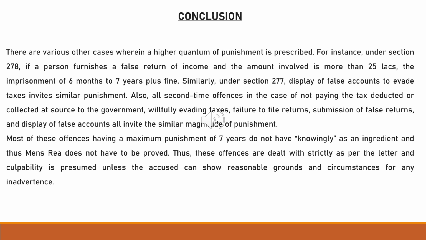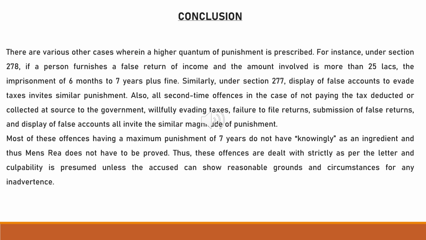Also, all second-time offences, in the case of not paying the tax deducted or collected at source to the government, willfully evading taxes, failure to file returns, submission of false returns, and display of false accounts, all invite a similar magnitude of punishment.